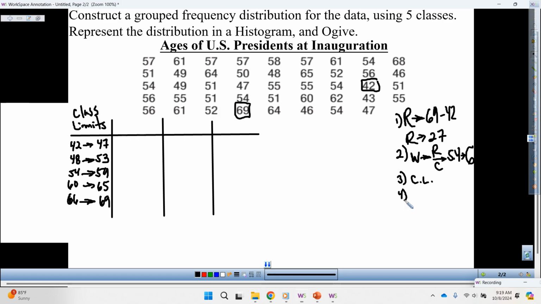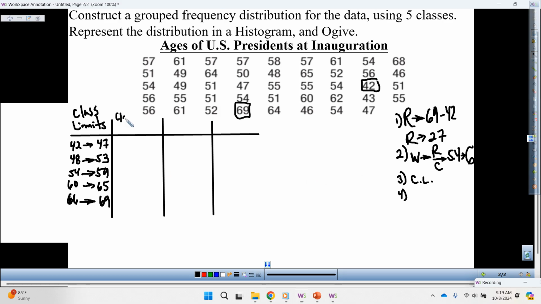Step 4, tell your neighbor what to do for step 4. Oh, it looks like Jay's got this one. Let's go. Share with your neighbor what to do for step 4. All right, Jay, help him out.